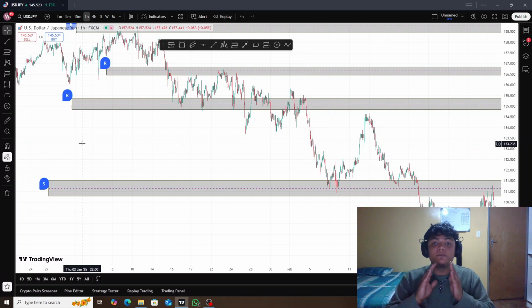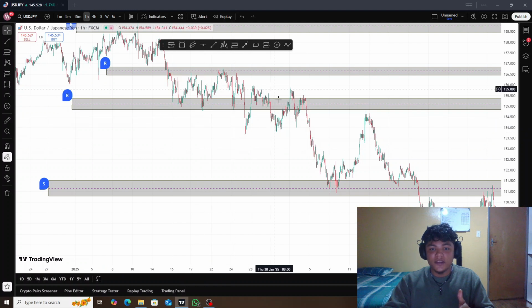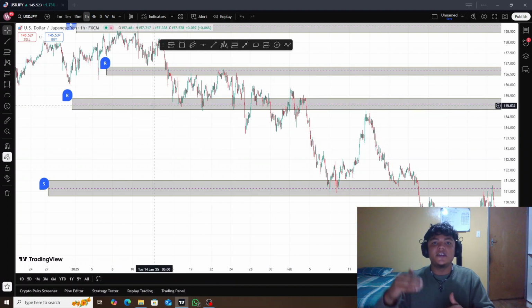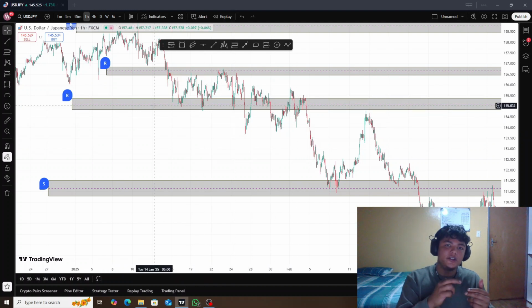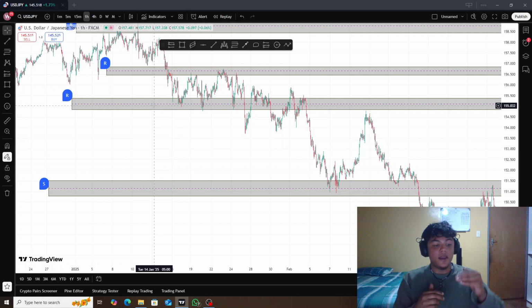But if you stick to the basics, if you just check where the market is reacting, what happened at that specific point? Did the market go up? Did the market go down? If the market reacted upwards, this would be support. If the market reacted downwards, this would be resistance.